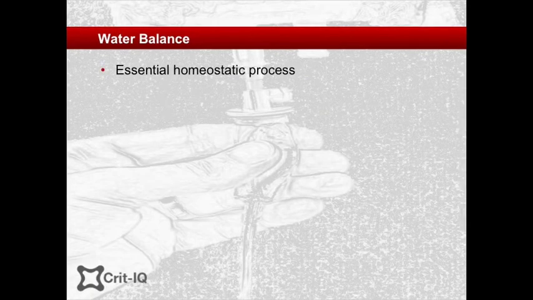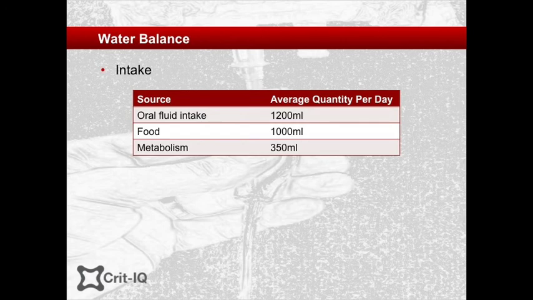Maintaining hydration is an essential homeostatic mechanism of the body and is determined by the balance between intake and water loss. Intake of water averages 2.5 litres per day and is comprised of oral fluids and that contained in food. It also includes water produced as a result of metabolic activities.